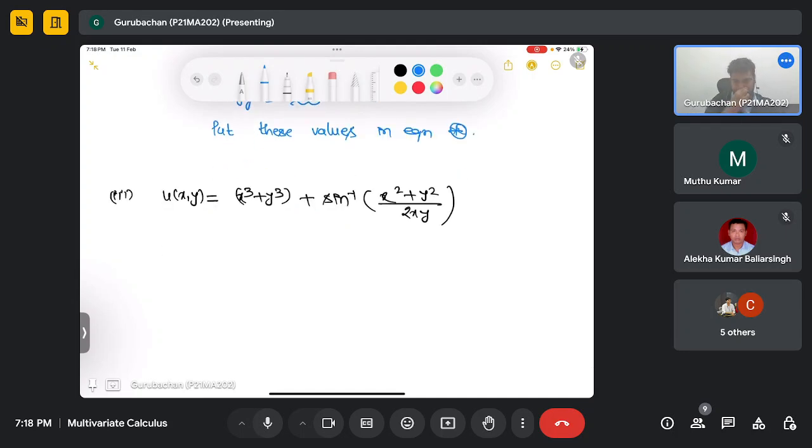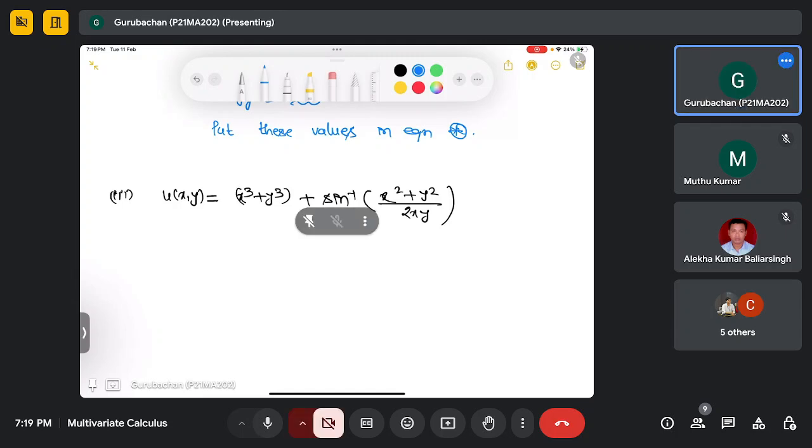Take the first function as f, second function as g.